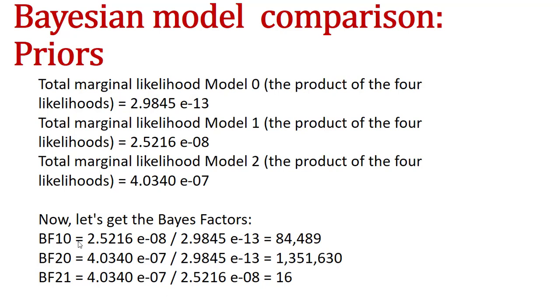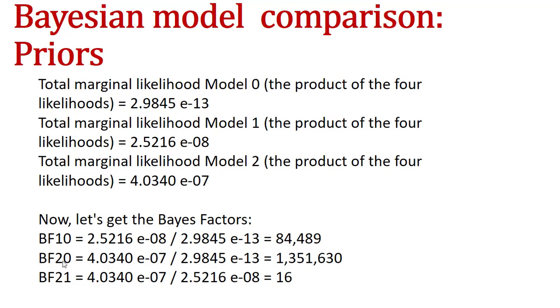So Bayes factor 1,0 compares model 1 with model 0. It's 84,489, saying that the data is 84,489 times more likely under model 1 than under model 0.